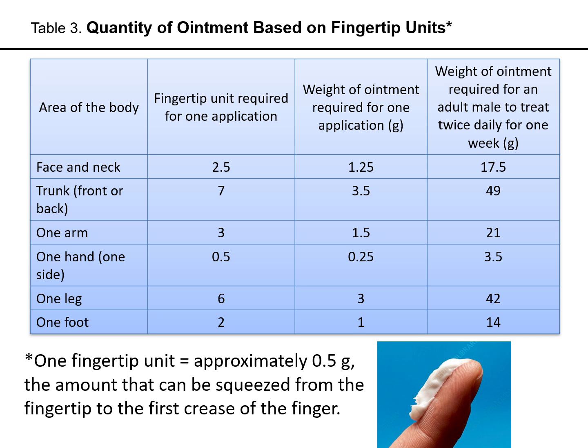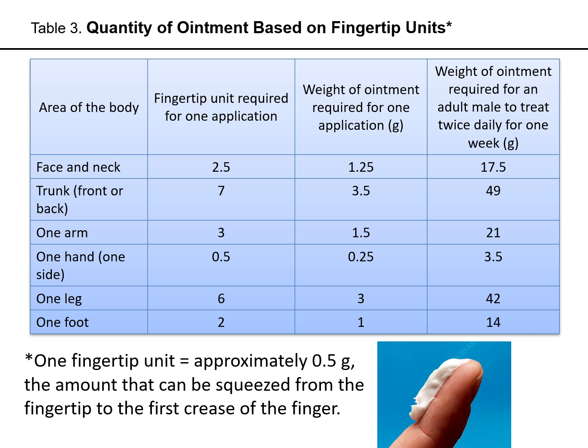So the unit that is used for this purpose is what is called a one fingertip unit, which extends, as the picture at the bottom shows you, from the tip of the finger to its first crease. And when you squeeze the contents of the tube and spread them along this will be one fingertip unit, and it's around 0.5 grams of ointment or cream.